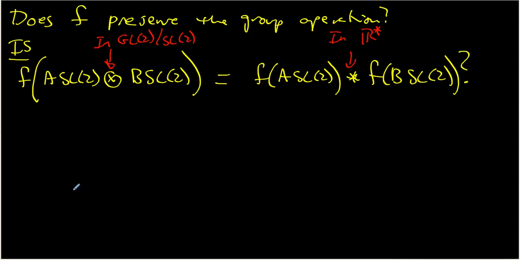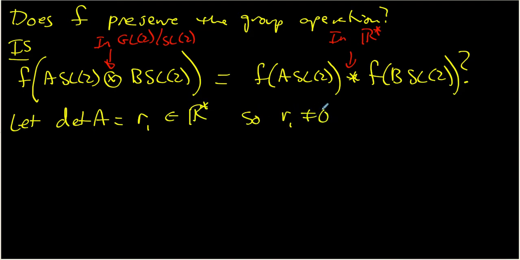Well, we need to set up a little bit of notation. So we're going to let the determinant of A be some real number r1 inside of R star. So I do know that r1 is not 0. And we're going to let the determinant of B be some real number r2 inside of R star.